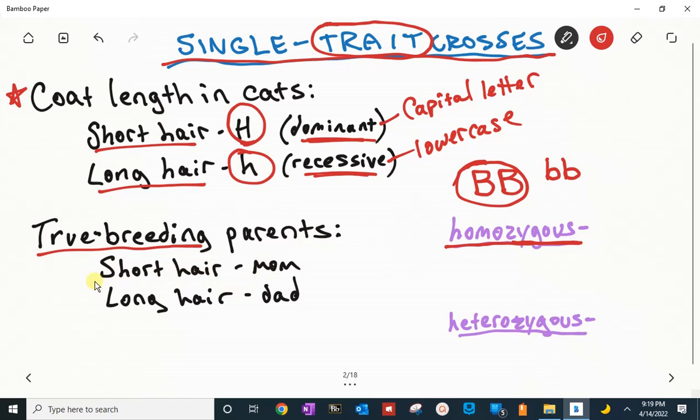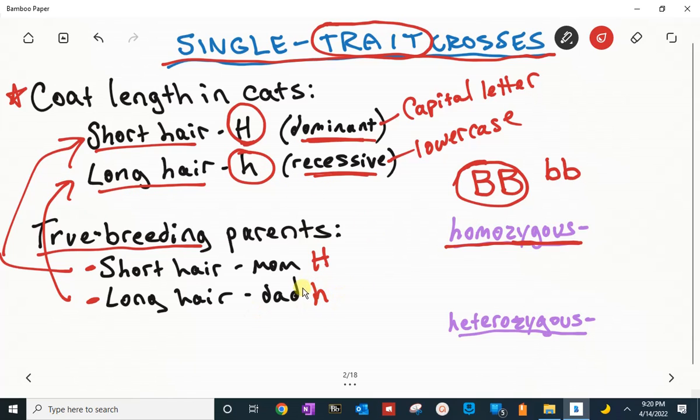So say for instance we have a short-haired mom. Remember, short hair is the capital H, and that's dominant. And we have a long-haired cat from dad. And the long-haired, remember, is recessive, and that's lowercase h.